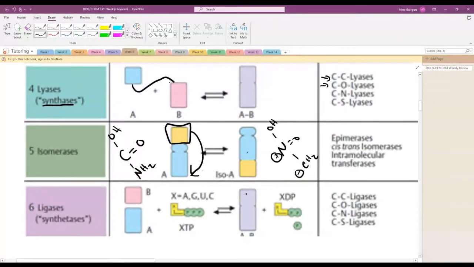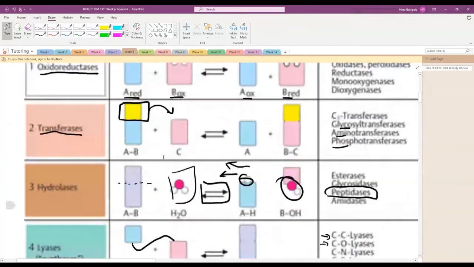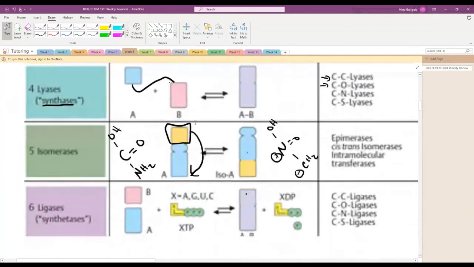If it helps to think of them as an internal transferase, you can, because remember, a transferase will move that highlighted region to a different molecule. This one will move that highlighted region to the same molecule. So if you wanted to think of it as an intramolecular transferase, like it says here on this side, you can.